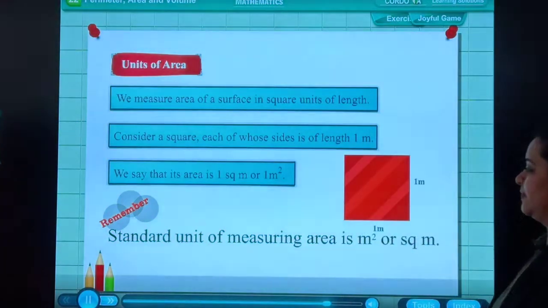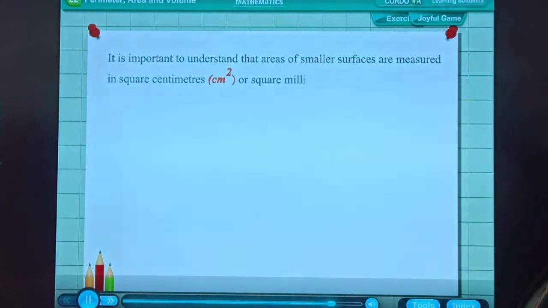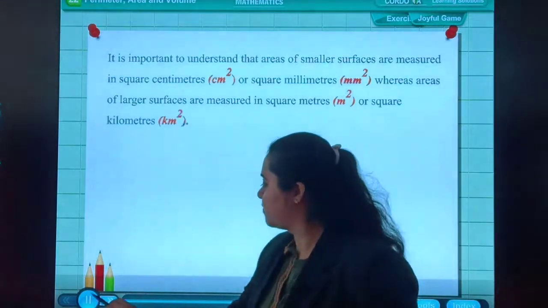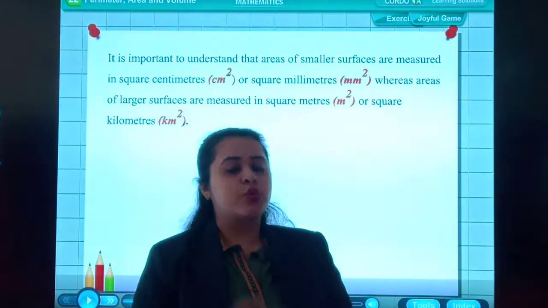It is important to understand that areas of smaller surfaces are measured in square centimeters or square millimeters, whereas areas of larger surfaces are measured in square meters or square kilometers. So students, it is very important to have a look.